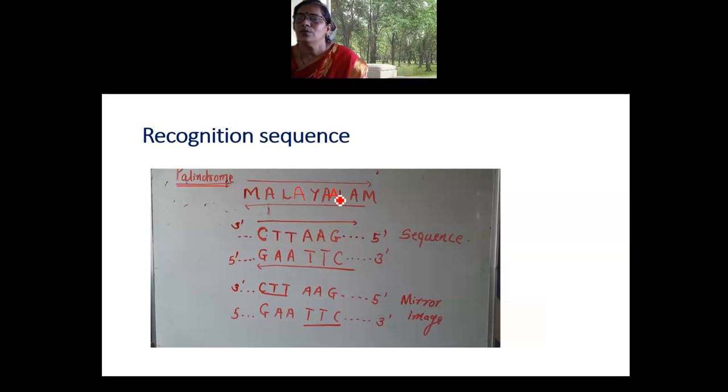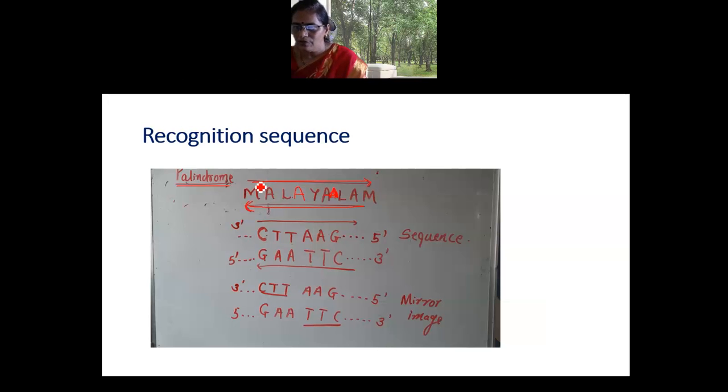Malayalam is a group of letters. When we read this group of letters in the forward as well as the backward direction, it makes the same word.